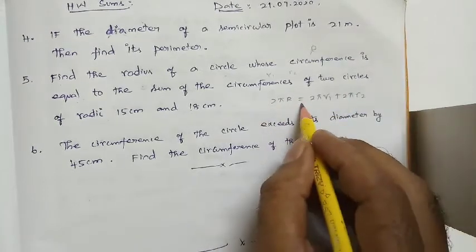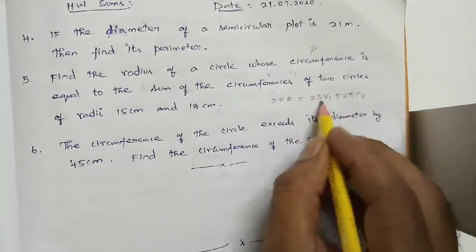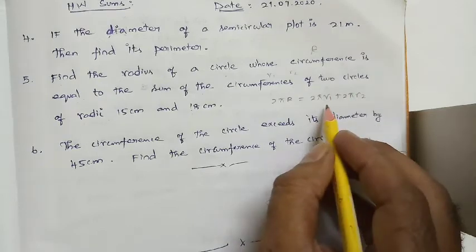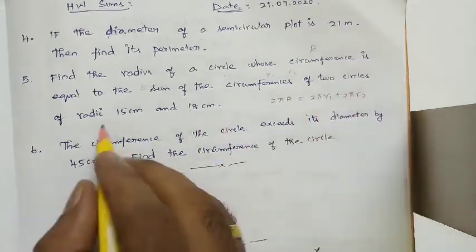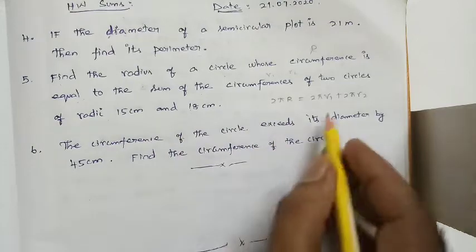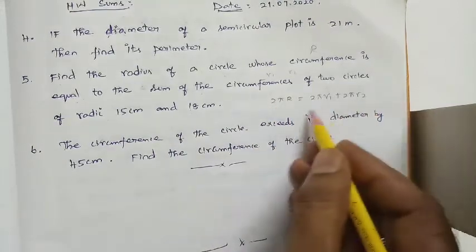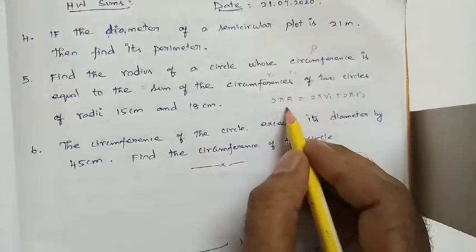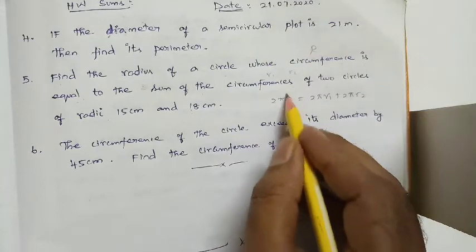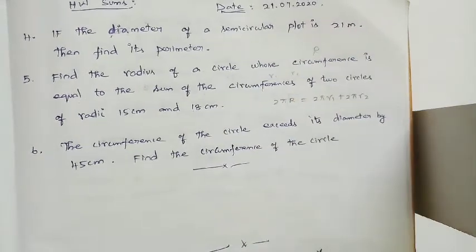Now we know the value of r1 is 15 cm, r2 is 18 cm. Substitute and take the common term and simplify, we'll get the value of r. What we want to find is the capital R. Easily you can find.